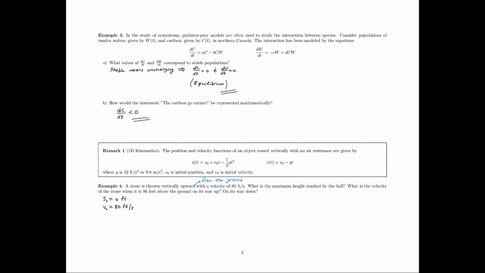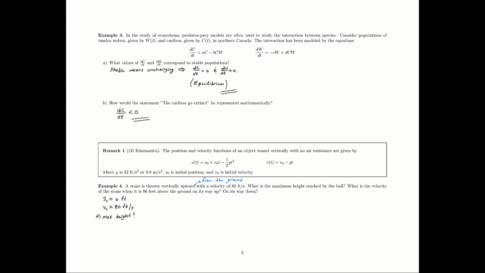Okay, so let's go ahead and work on this first problem, and that is, what is the maximum height reached by the ball? So I'll just call this part A, and I'll just say max height.